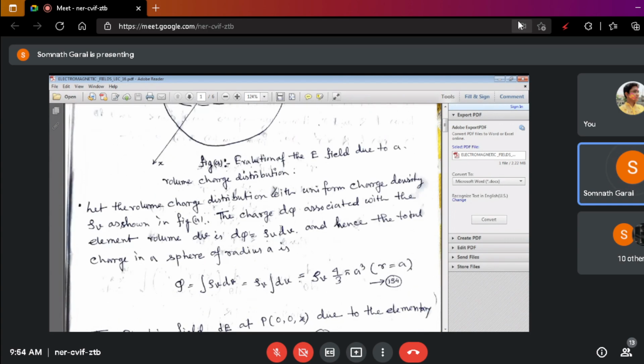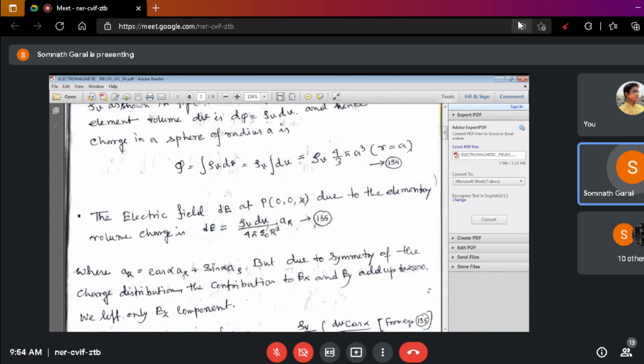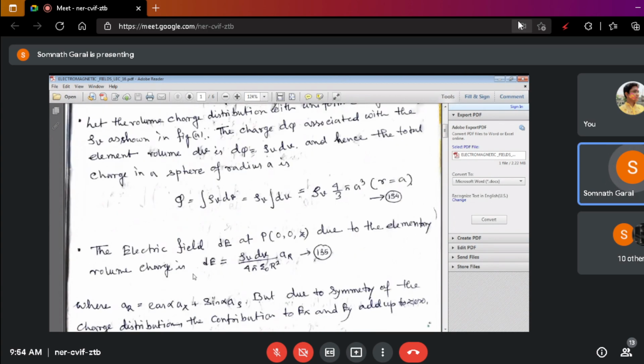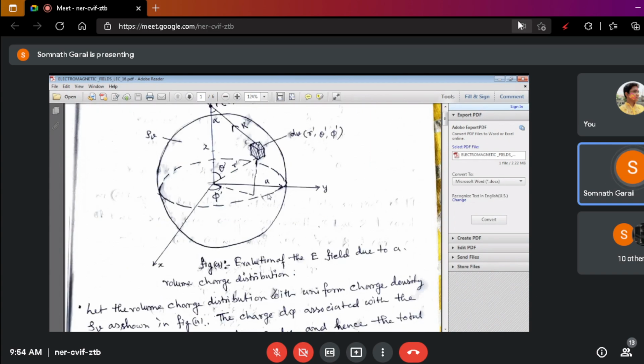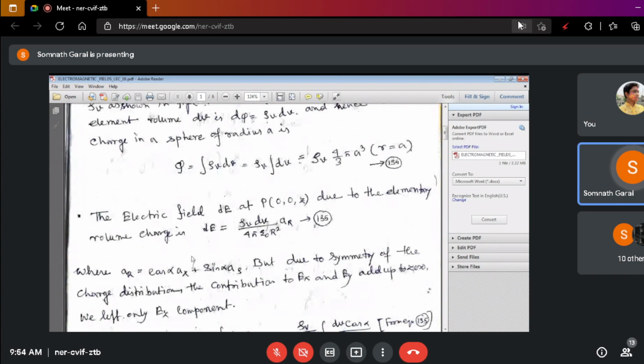That's why the first component is cos phi Az. And the horizontal component is sin phi, and this is according to the rho direction. That's why AR is equal to cos phi Az plus sin phi A rho.